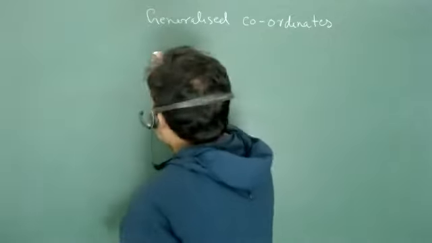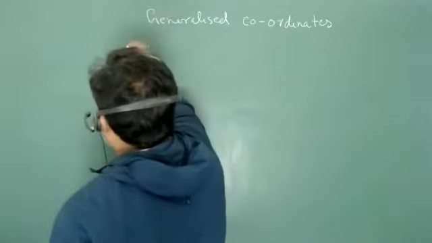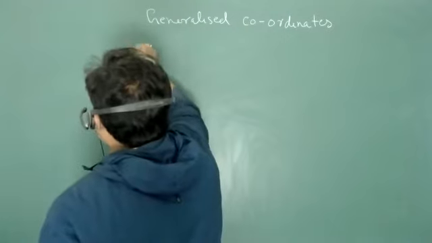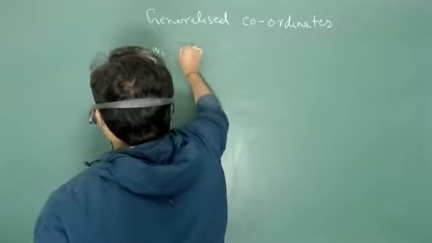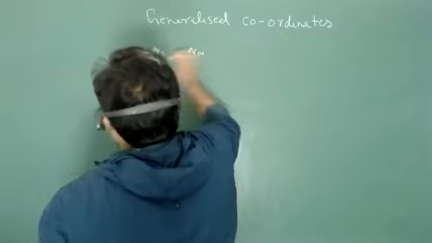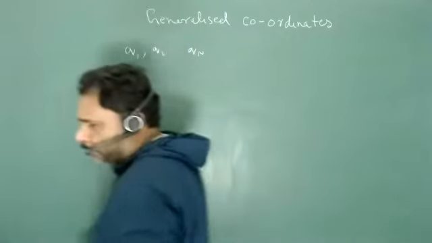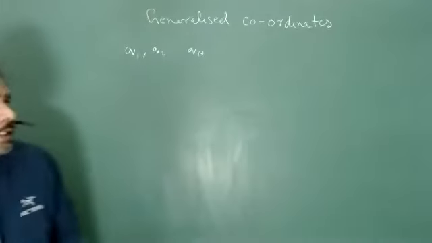So if again I am talking about generalized coordinate, then we have dynamical variables q1, q2 up to qn. So there are n number of dynamical variables. And what is generalized coordinate?